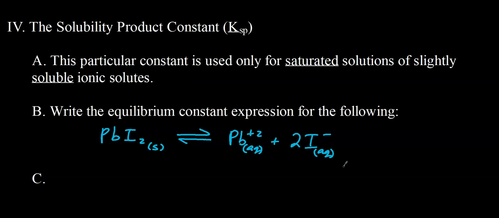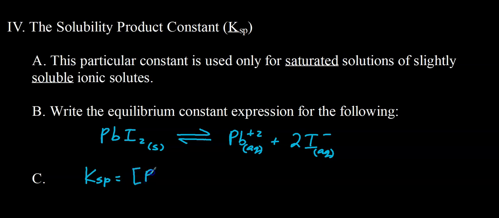So let's write the Ksp expression for this system. So we start with not Keq or not Kc, but Ksp. And just like always, our equilibrium expression, we got concentrations of the products over concentrations of the reactants, each raised to their coefficient.